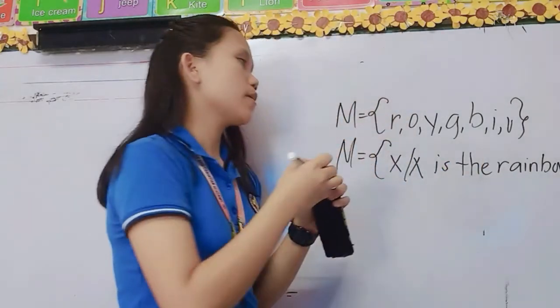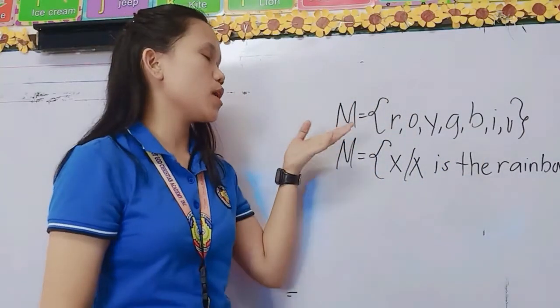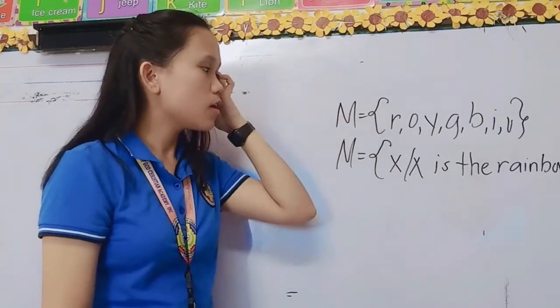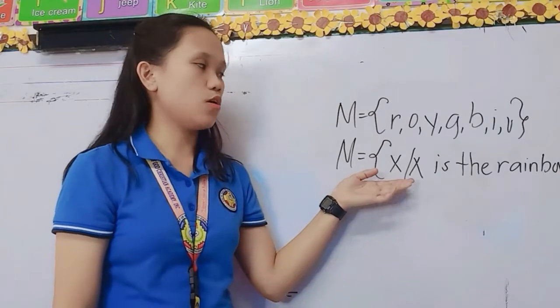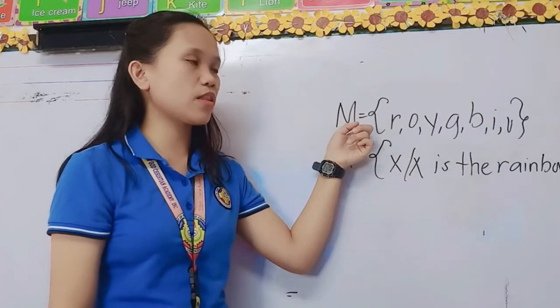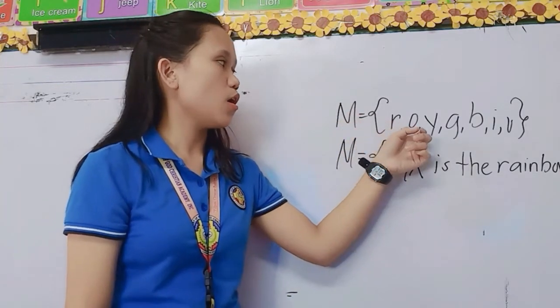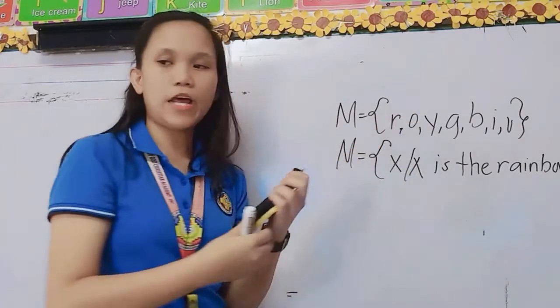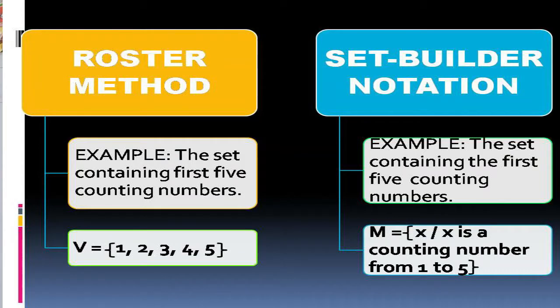Can you see now the difference between roster method and set builder notation? Set builder notation uses a rule or a method, while in roster method you list each element of a set, then separate them by commas. Another example is the set containing the first 5 counting numbers.